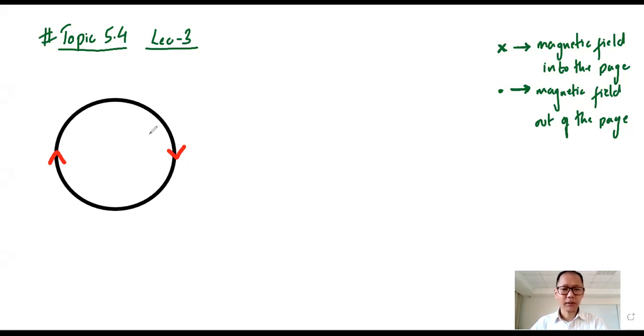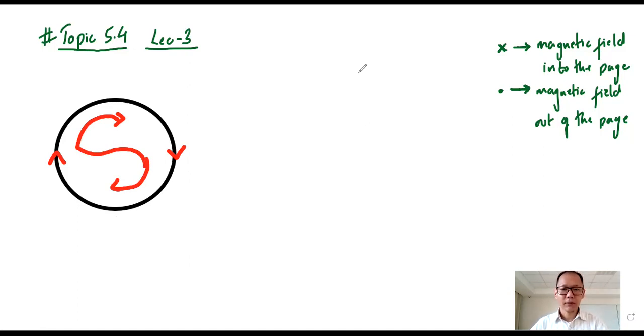If you consider a current that's flowing in this direction, you can assume this as going like this, and this is like this. When you combine these two, it sort of forms an S. That is what we call a south pole. So that particular face of the wire that you're looking at is the south pole.